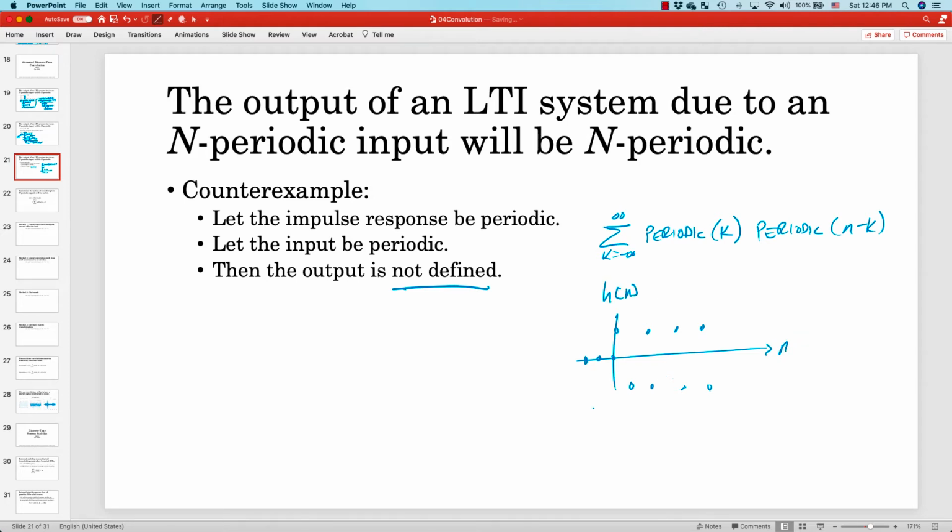But I want to emphasize that this is not a periodic signal, even though it oscillates in positive time, precisely because it doesn't oscillate in negative time.